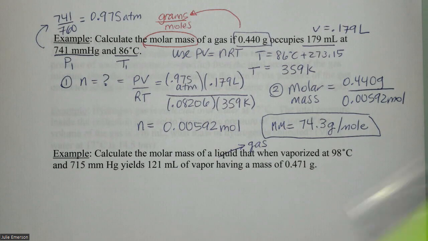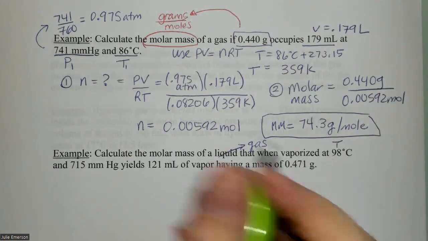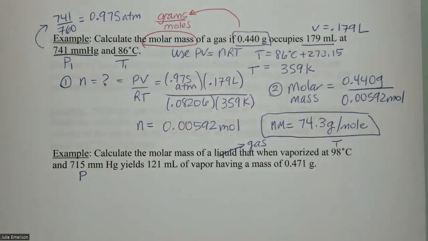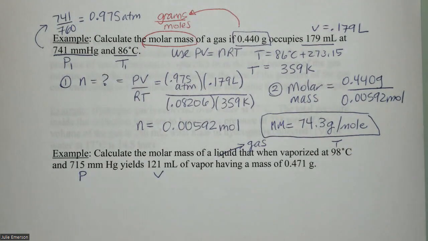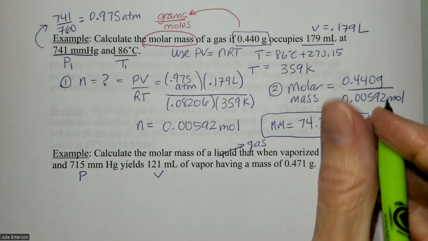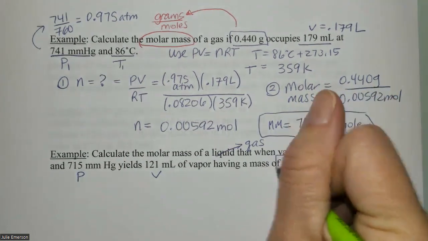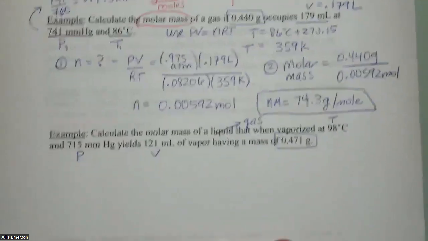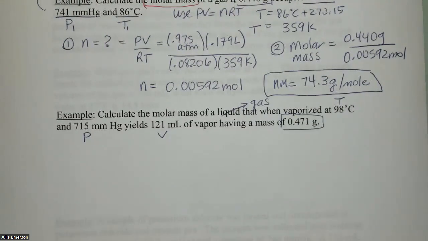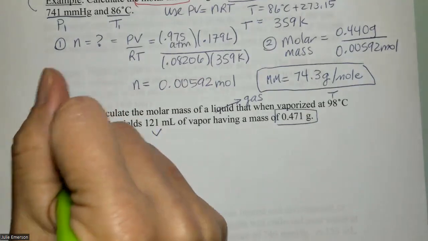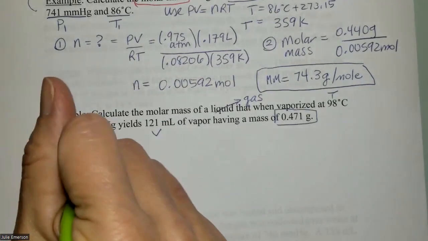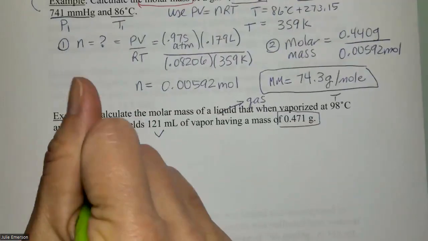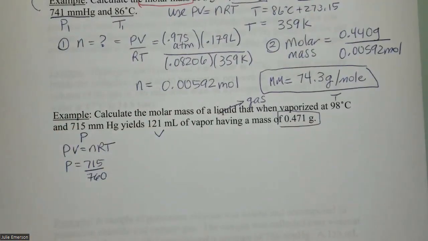We've got a temperature of 98 degrees Celsius, a pressure of 715 millimeters of mercury, and a volume of 121 milliliters. And then, of course, we've got that mass of 0.471 grams. Very similar to what we just saw. So first thing is we're going to use PV equals nRT to solve for moles. So pressure, 715 divided by 760 to go to atm.